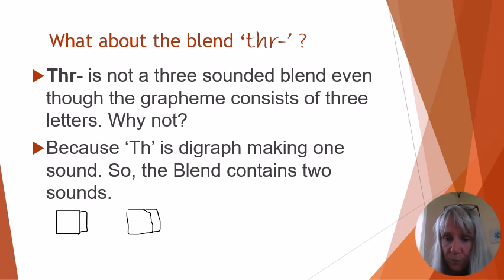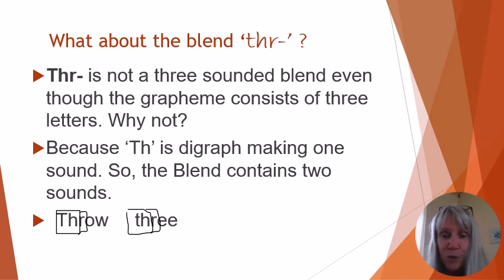How would it look if we blend certain words? Let's look at throw. The TH is a digraph, so it only gets one sound box. It only makes one sound. Okay, the grapheme TH is used to represent the sound. R is another box. The same with three.